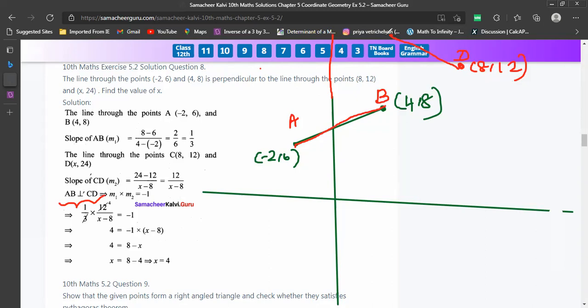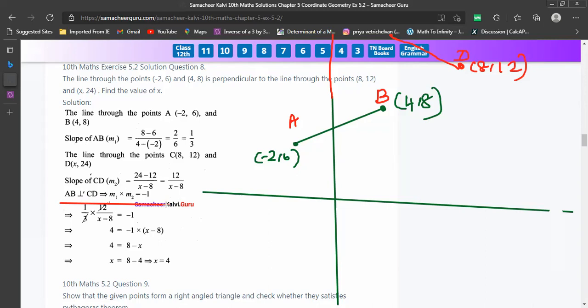When two lines are perpendicular to each other, the product of their slopes will be equal to negative 1. That is the condition. Remember this. So you have to find the values of m1 and m2, multiply them, and equate it to negative 1.